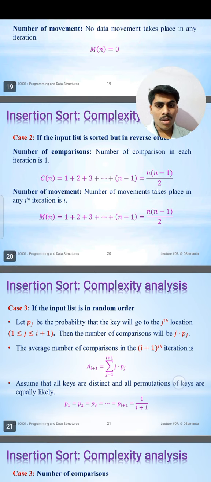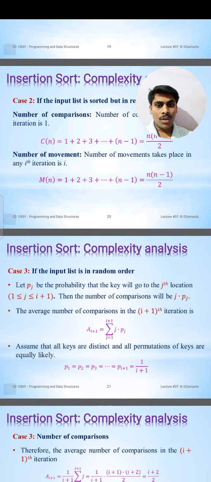Next, insertion sort complexity analysis, case 3: if the input list is in random order, let p_j be the probability that the key will go to the jth location, 1 <= j <= i+1. Then the number of comparisons will be j·p_j.